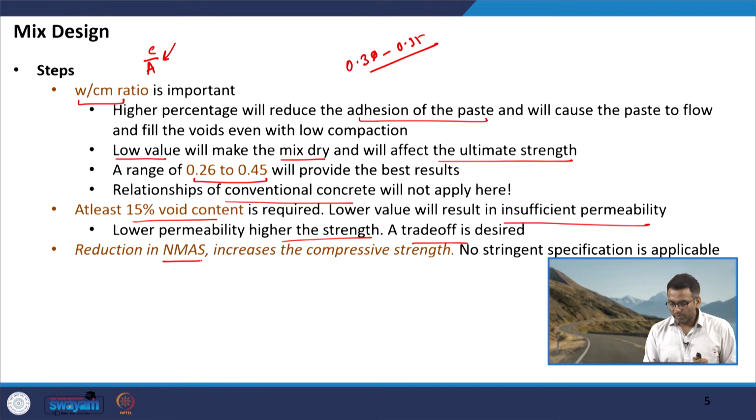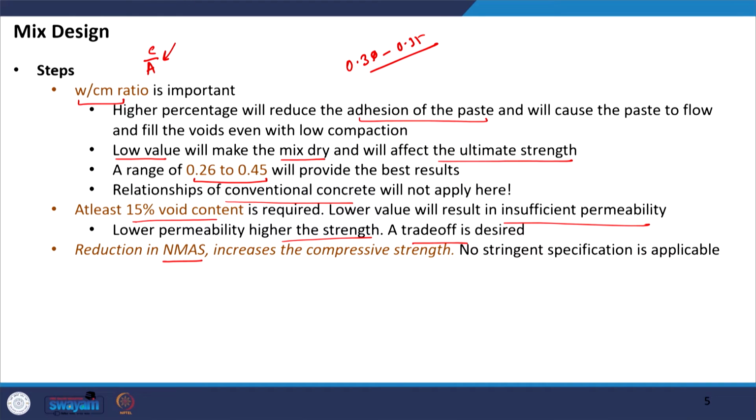Talking about the nominal maximum aggregate size, in this particular specification IRC 44, there are two options. We can either use 19 mm nominal maximum aggregate size or 9.5 mm. Again, as I mentioned, this is a research area presently, and various other gradations, various other sizes have been tried.